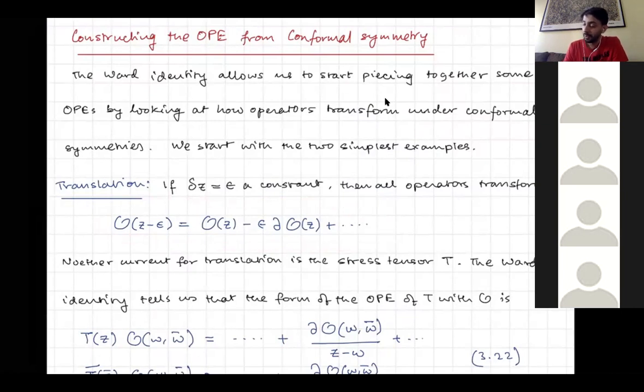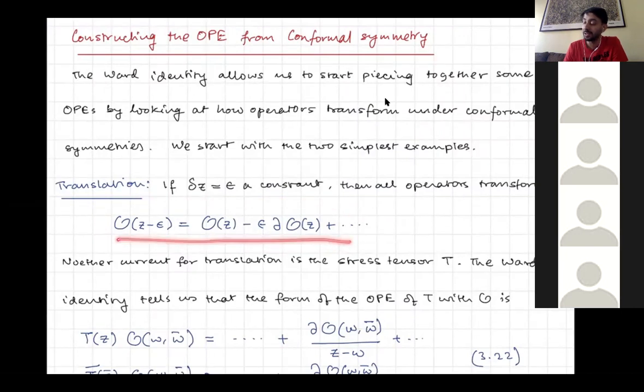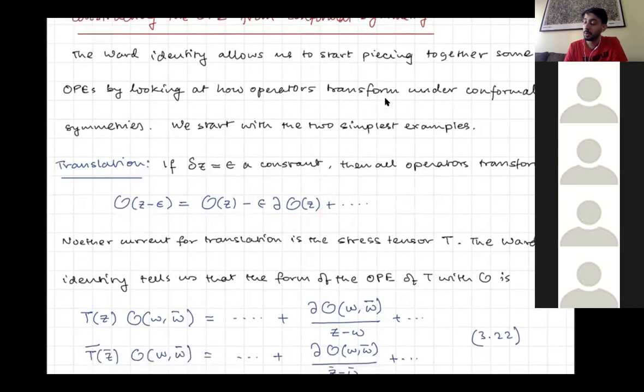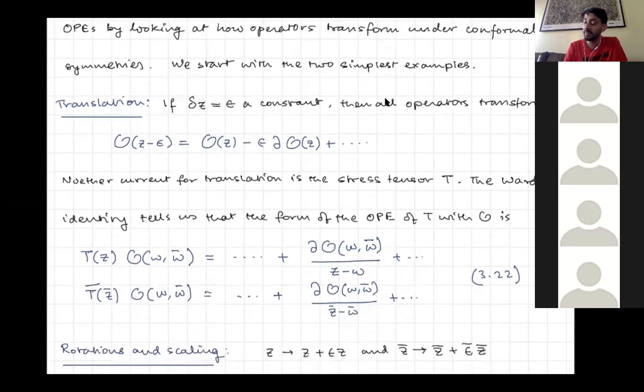In that case, you just expand O of (z minus epsilon), and you get that the change is going to be epsilon into del O of z. So what does that give you? That gives you the fact that T of z with O is going to have a piece which is 1 over (z minus omega), and the factor in front of it is going to be del O. Okay, so this just follows.